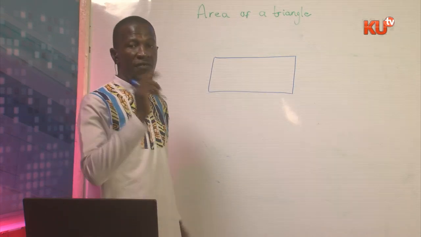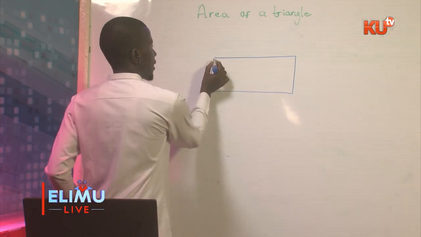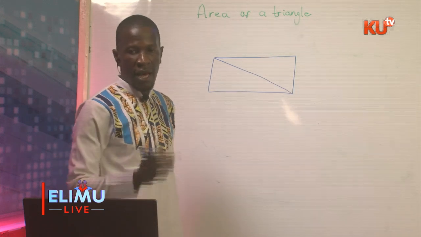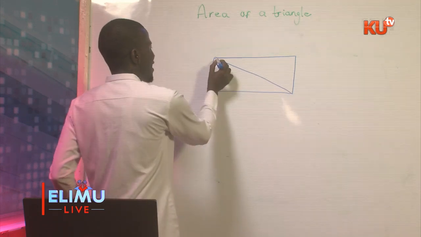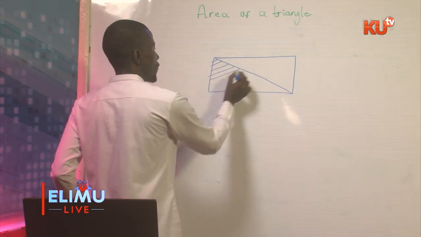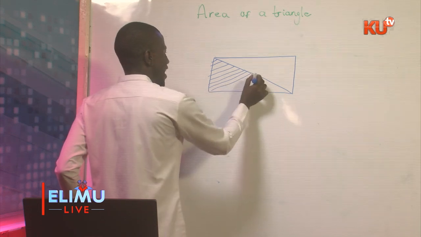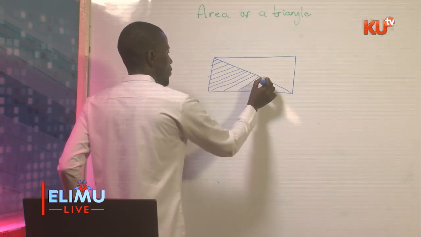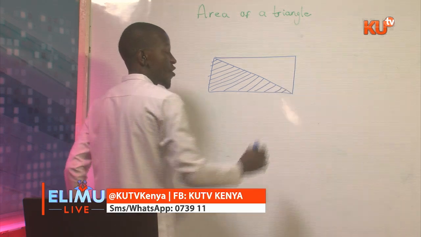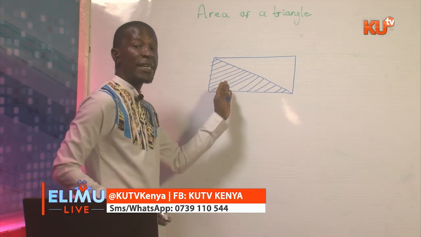This rectangle, you can divide it into 2 equal parts diagonally, starting from this point to this point, how the question was. Then this part is shaded. In simple words, when we talk of shaded part, it is the part which was colored or has been marked the way I'm marking this one in creative art. This one we call it stippling technique.